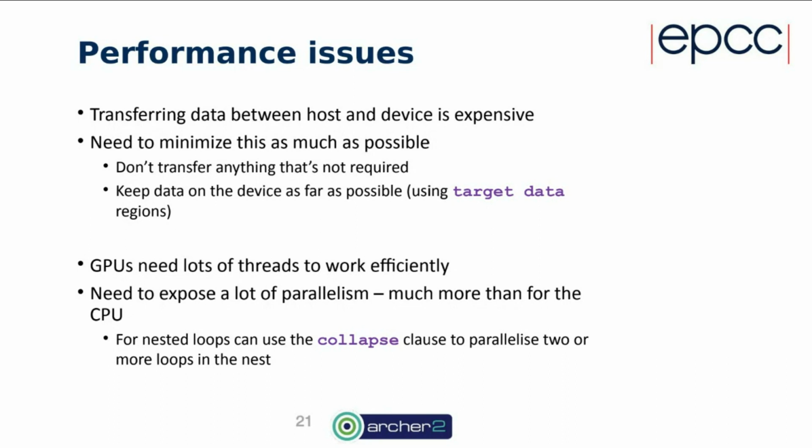Using the collapse clause here is typically a lot more useful for GPU code. It allows us to parallelize multiple loops in the loop nest to get enough loop iterations to keep thousands of threads busy.